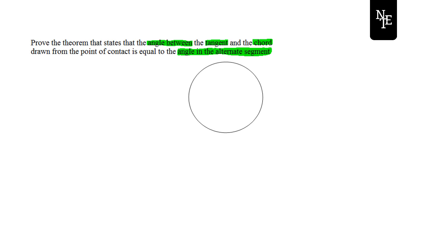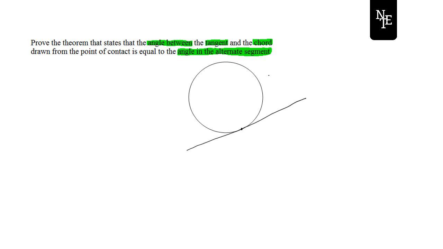So I'm going to try to create a drawing. Very importantly, this is a tan chord theorem, so I need a tangent. There's my tangent, there's my point of contact.